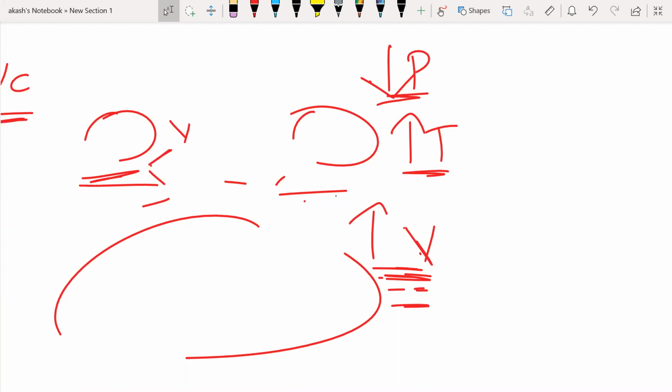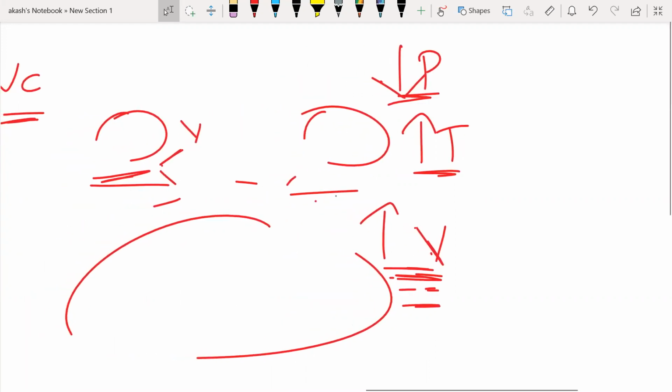Sir, will such analogies work? That's what I'm asking. Yes, it would work, but you should be a little good at mathematics for that. If you're good at mathematics, yes, it will work, because all these things we derive from the theoretical concepts. If theoretical concepts work, mathematics should work, ideally speaking.